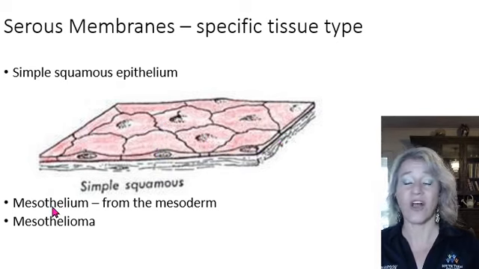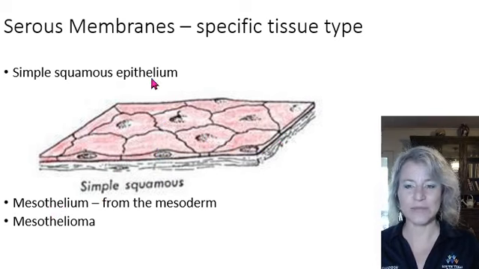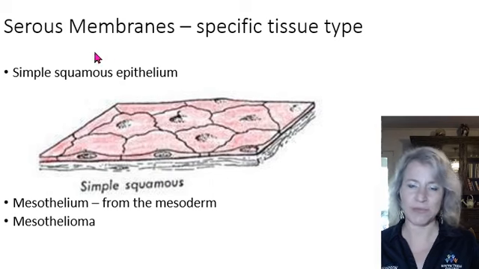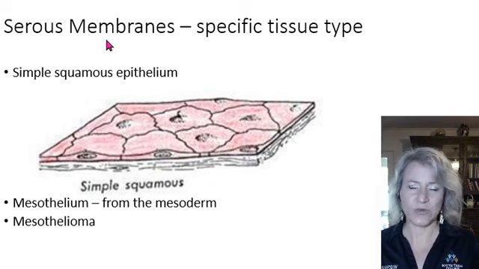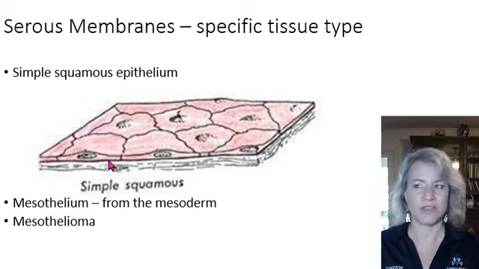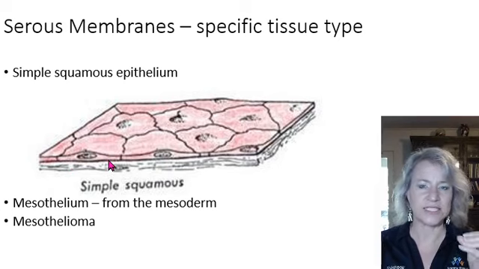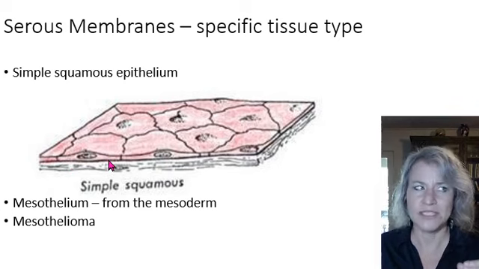Now, they are also known as mesothelium. So the simple squamous epithelium that makes up your serous membrane is referred to as your mesothelium. What is the mesothelium? Mesothelium is the simple squamous epithelium that makes up your serous membranes.